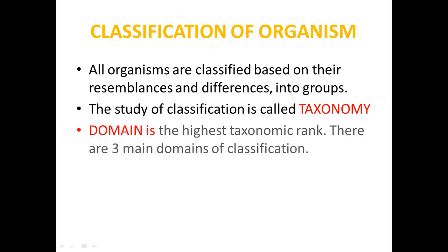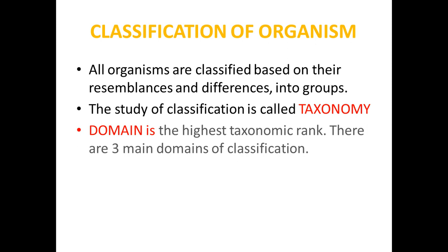So let's begin. Basically, the classification scheme is based on how organisms differ from each other, or let's say how two organisms resemble each other. So what scientists did was that when two organisms tend to have similar features or resemble each other in either physical or genetic features, they put those organisms in one group, and those that are different are isolated and dropped in different groups.